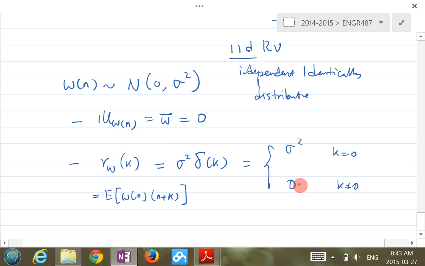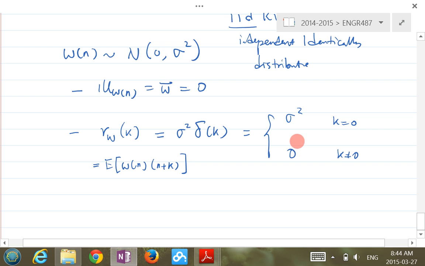When k is not 0, these two are independent, so the correlation should be 0. If k is 0, then you're looking at the autocorrelation, which is basically the variance of itself.